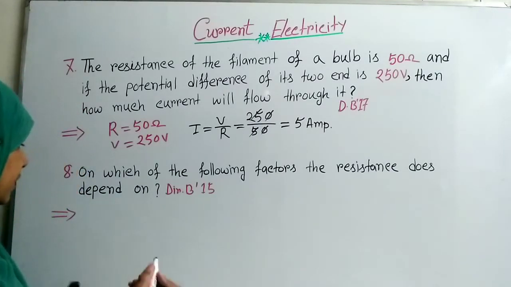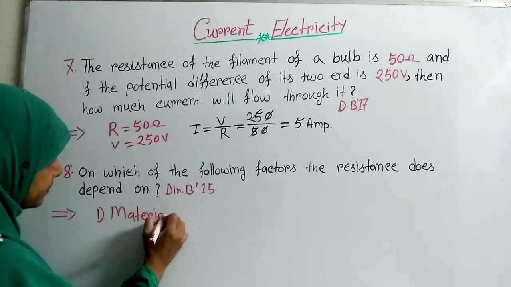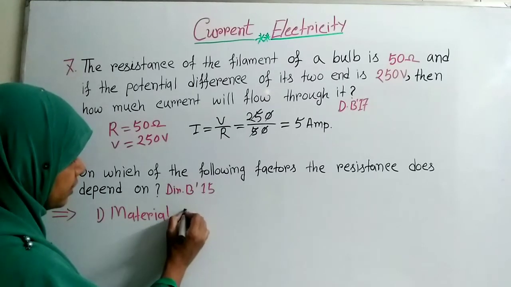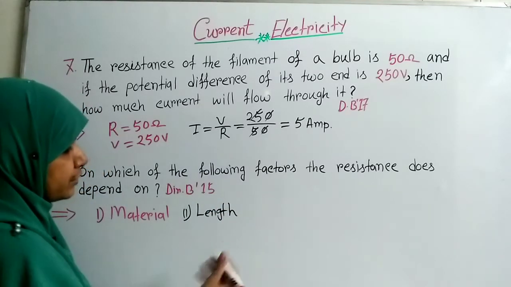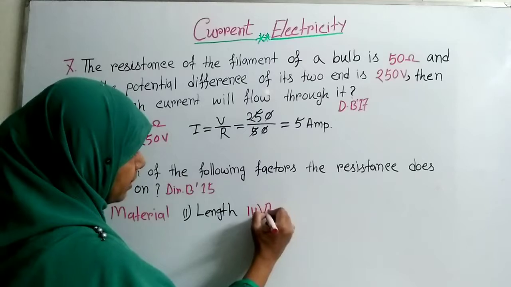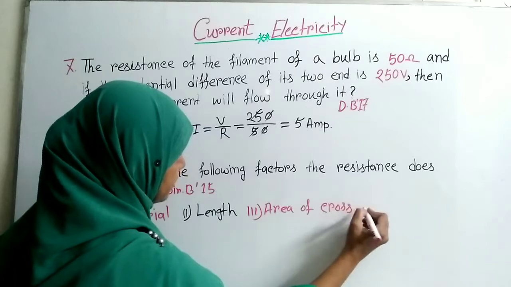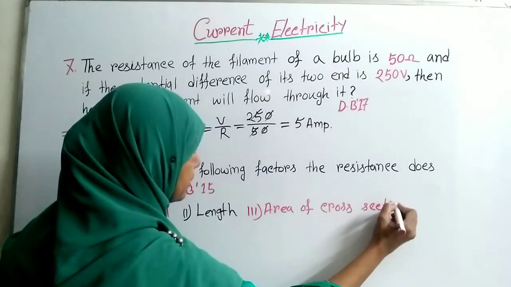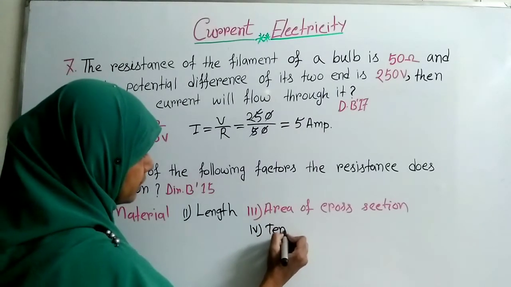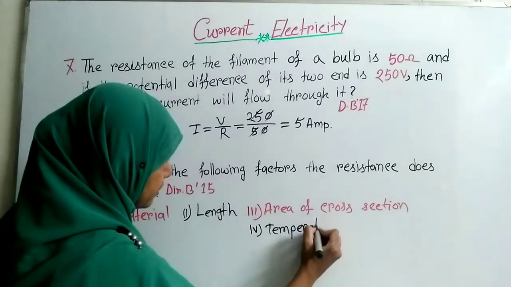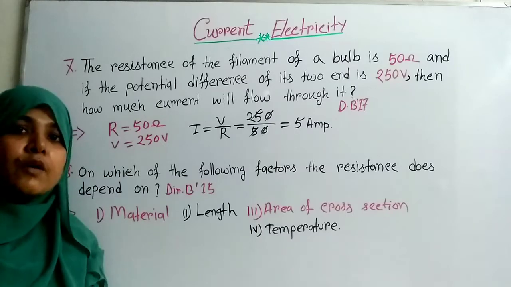The factor 1 is material, number 2 length, number 3 area of cross section, and number 4 is temperature. These are the depending factors of resistance.